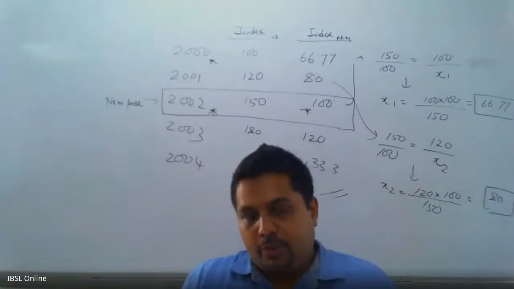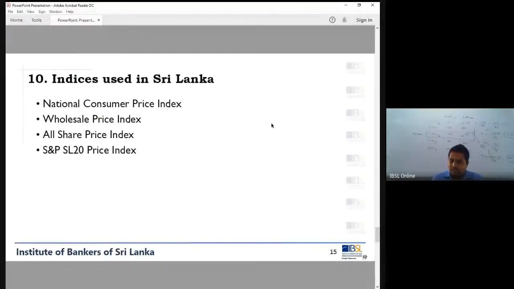The NCPI, or the inflation index, is one of the most important indices in the country that measures inflation. The wholesale price index is another index to do with the price levels of a country. In Sri Lanka, for wholesale items like coconut, rice, sugar, and flour, you have the wholesale price index also published in the country.